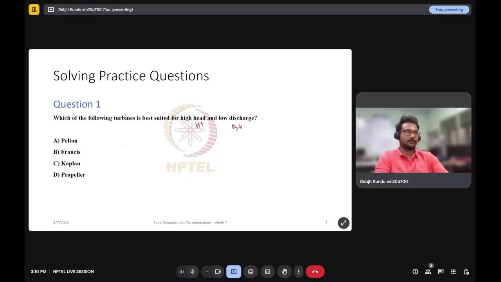These are different kinds of turbines, and you have to pick whichever has the best suitability or highest efficiency under conditions where there's a high head available, meaning there's high pressure flowing fluid coming maybe from a very big height.